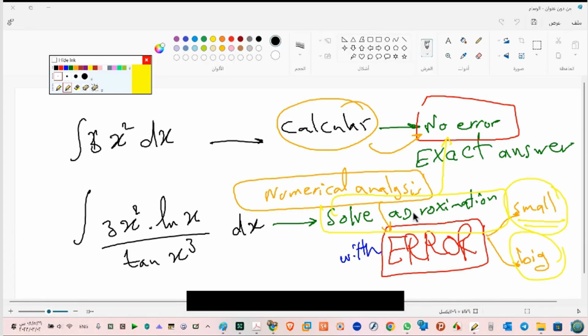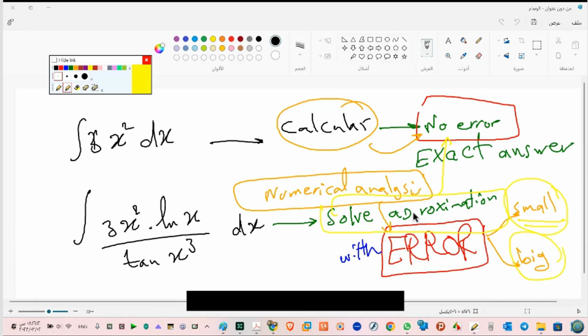Calculus and numerical are two methods to solve some examples. In calculus, we have many methods, and we take the answer without error as the exact answer. But sometimes these methods are very hard for special cases, or sometimes there is no answer. For example, tangent of pi over 2 or 3 pi over 2 has no answer. So how can we solve this?